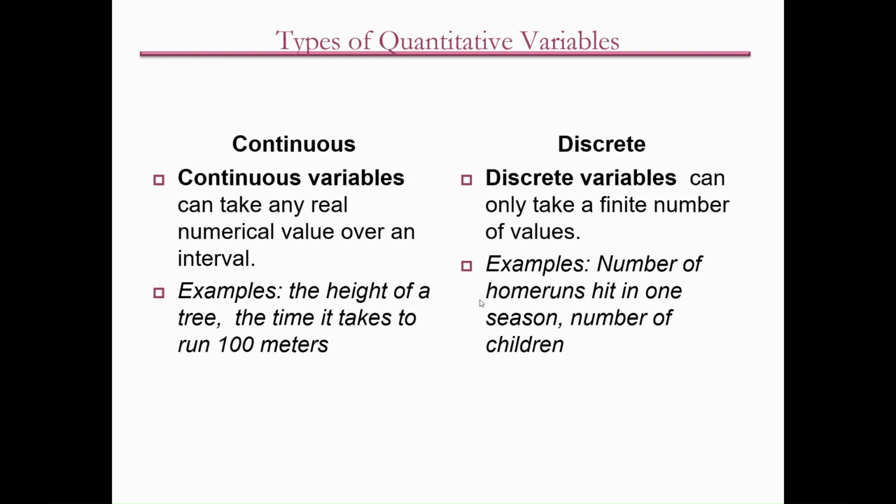Now, there is a little bit of a subtlety here. When we say discrete, it can take on decimal numbers. It just can't take on every possible decimal number. An example of that is money or dollars. It's actually a discrete variable, but it can take on decimal numbers, only to the second decimal place, right?